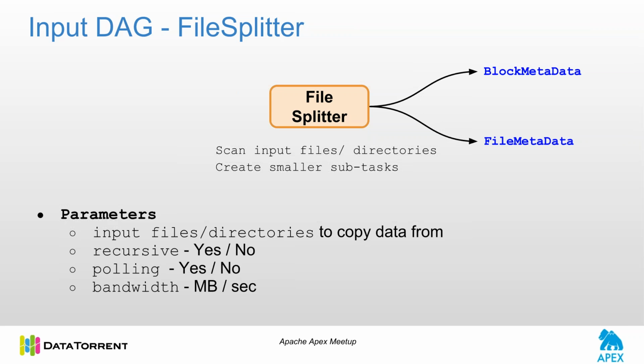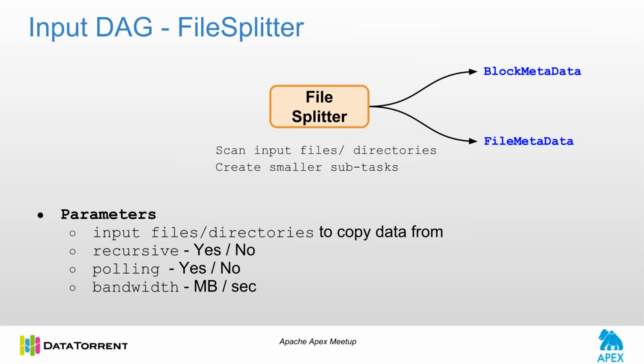The first operator is the file splitter. The functionality is to scan the input files or directories and create smaller subtasks. The parameters are a list of input files and directories from where to copy the data, and whether we would like to copy the data recursively or not, which is a boolean.